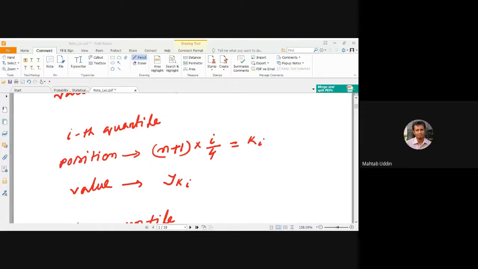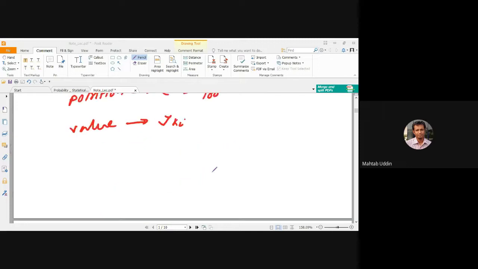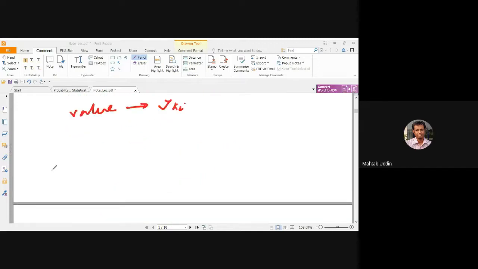Now, anyone can ask you, which is the middle value? The middle value is considered the median.